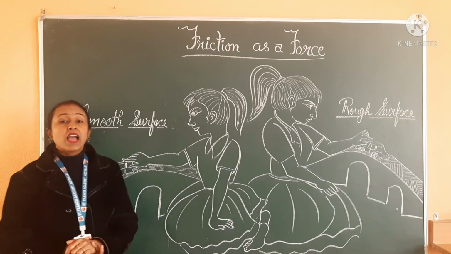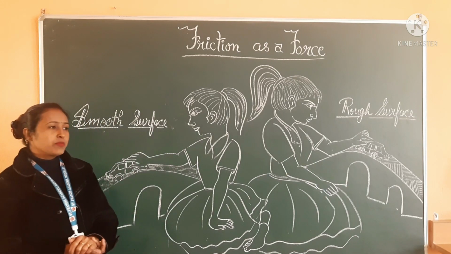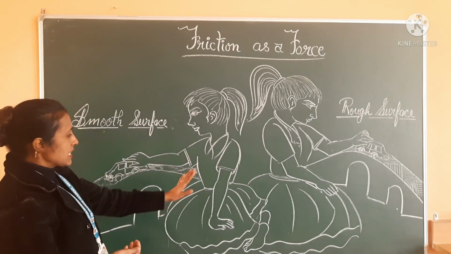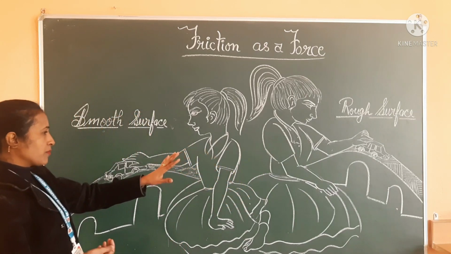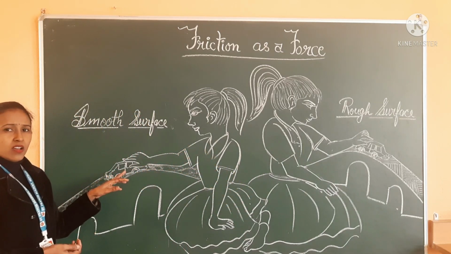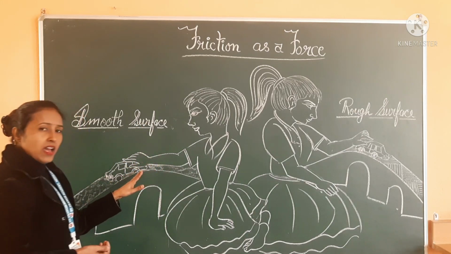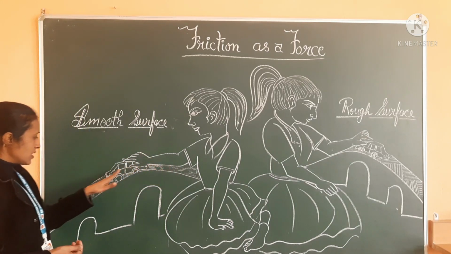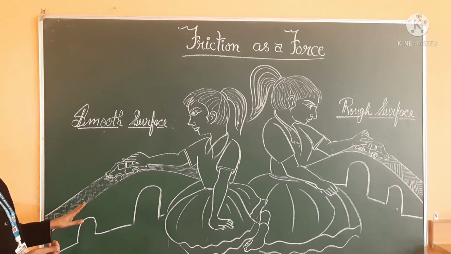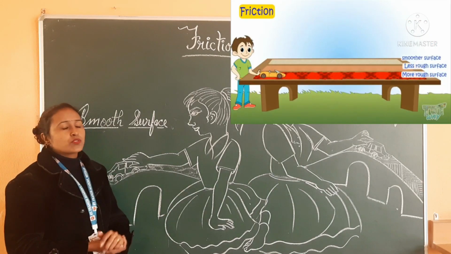After that, there is an activity given. In that activity, two girls are sitting, and both of them have a toy car in their hands, and the girl is moving that car on a smooth surface.